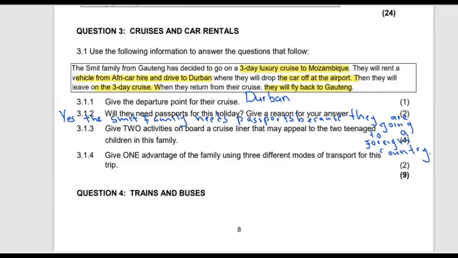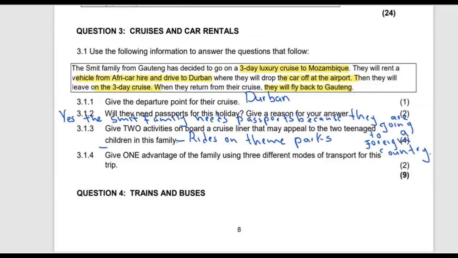Give 2 activities on a cruise liner that may appeal to the 2 teenagers. Yes, they can enjoy rides on theme parks or on water parks.